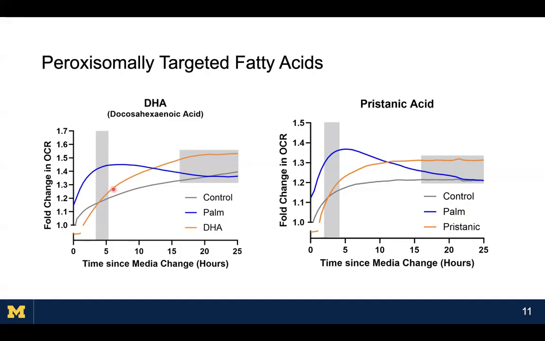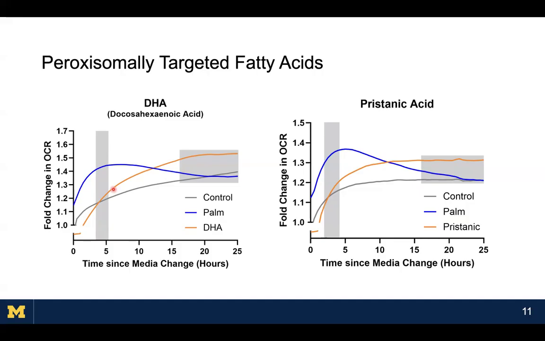Can I just ask, have you looked at breakdown products of DHA? I'm only asking because is it not possible that DHA is actually stabilizing membranes to increase OCR rather than being used as a fuel? That's certainly possible.